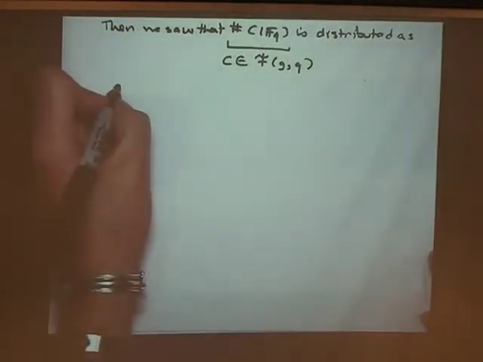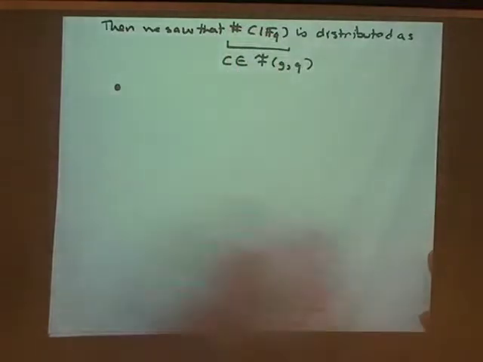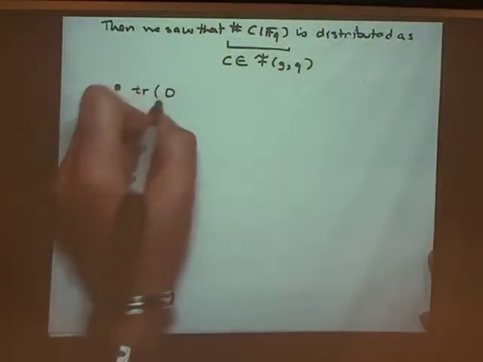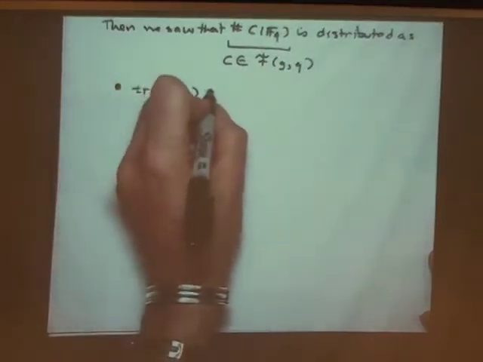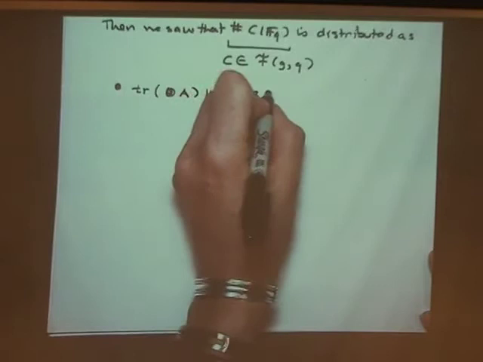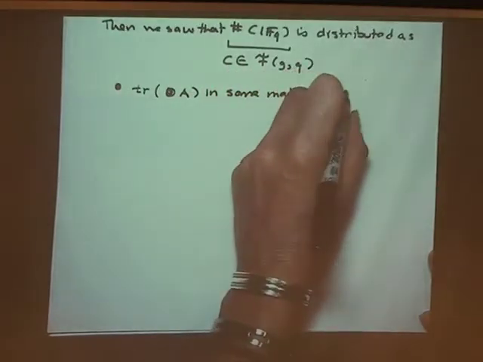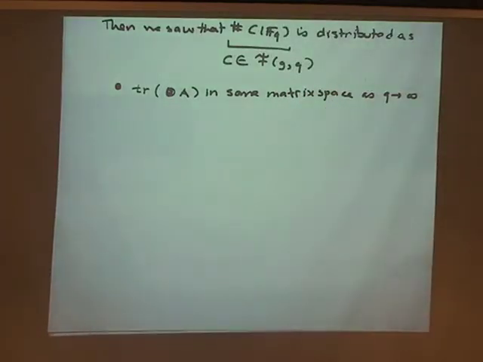So it's not going to be the number of points, but the error of the number of points. It's going to be distributed as the trace of some matrix A in some matrix space, as q goes to infinity, and the matrix space can change.